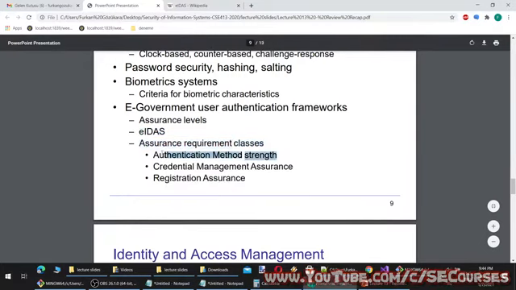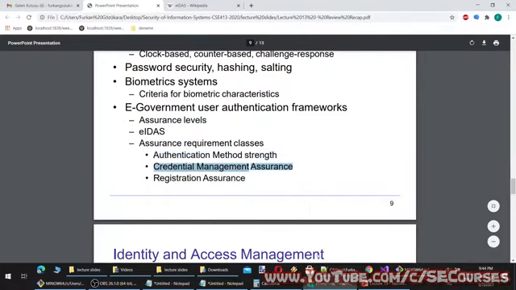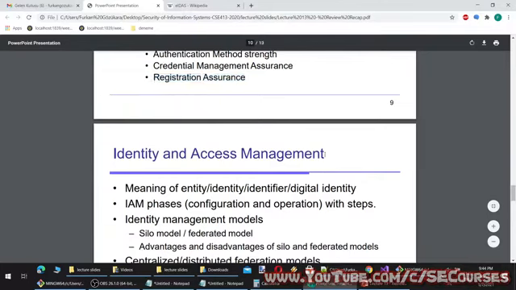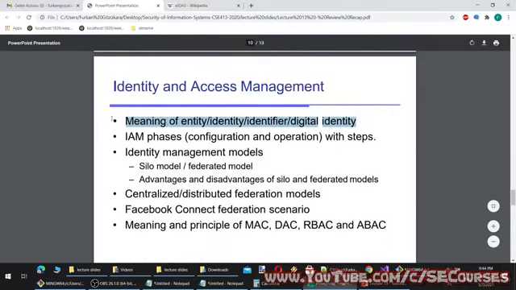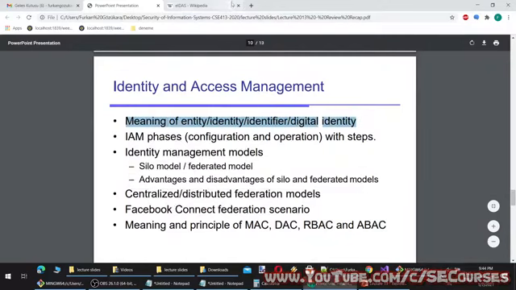Assurance requirement classes: authentication method strength, credential management assurance, registration assurance. Identity and access management. Meaning of entity, identity, identifier, digital identity.